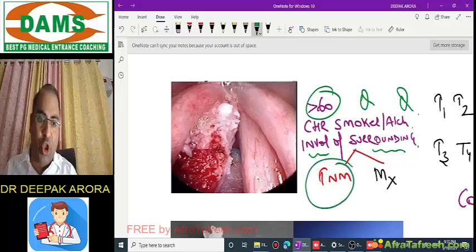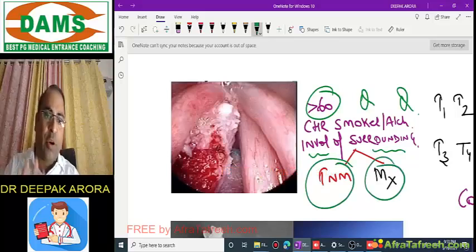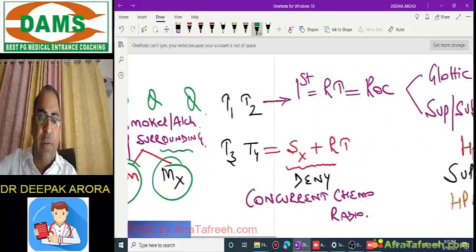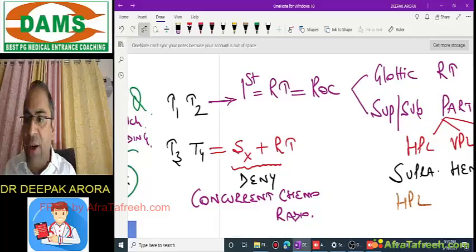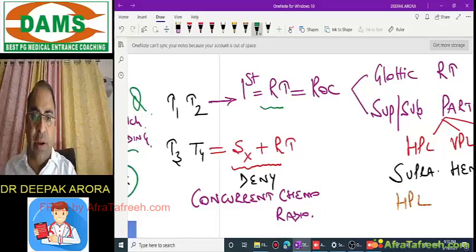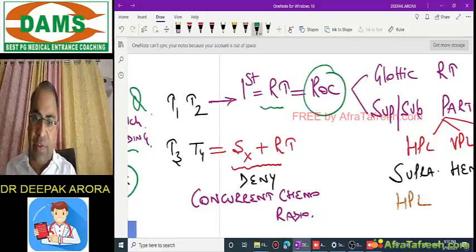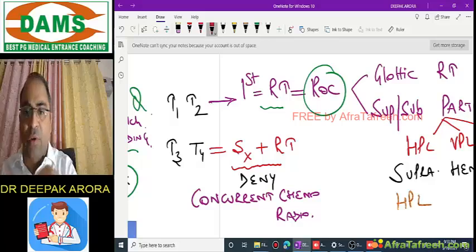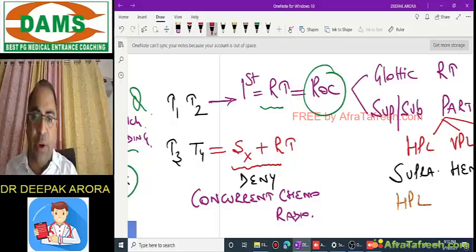TNM classification and management should be on your fingertips. For T1 and T2, radiotherapy is the first line of treatment, always. But the treatment of choice I will discuss later on. For T3 and T4, treatment is surgery plus radiotherapy.